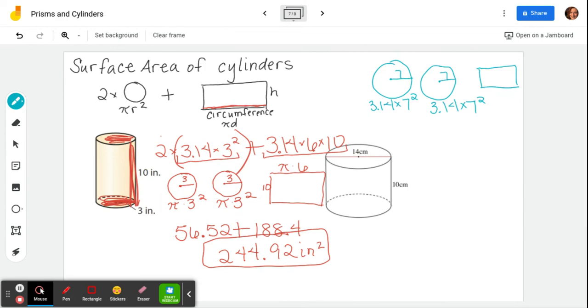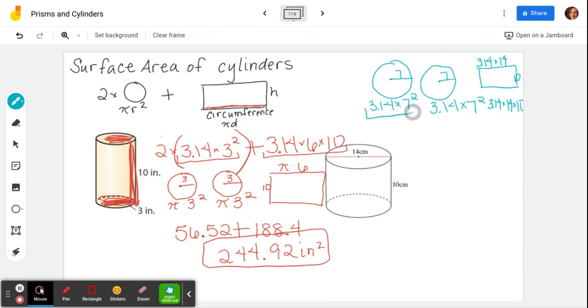I find that with C equals pi d. So I'm going to take 3.14 times the diameter, which is 14. That gives me the length. And then times the height of the whole thing, which is 10. So 3.14 times 14 times 10.